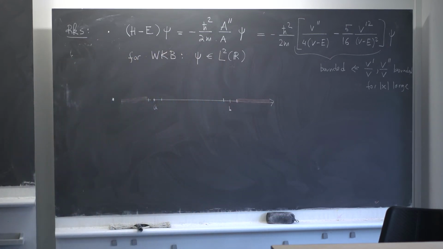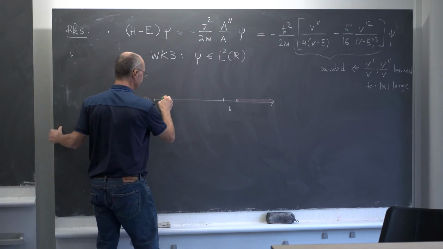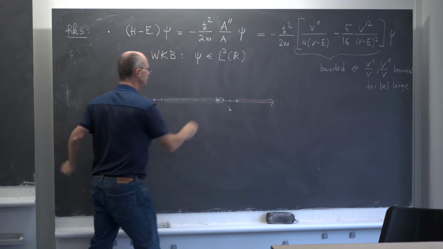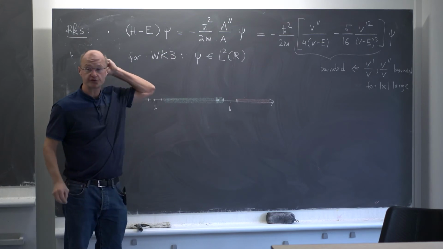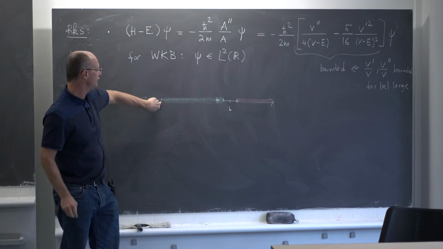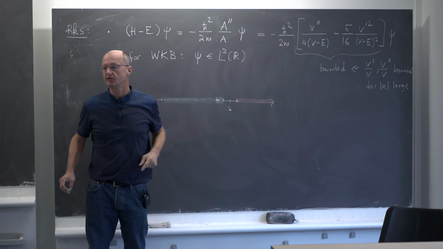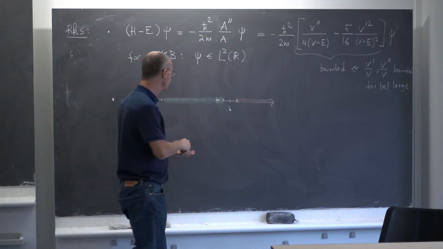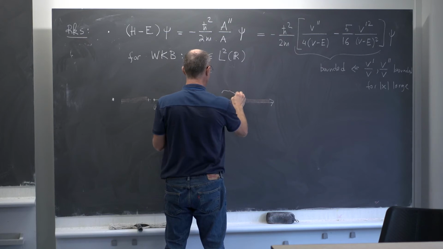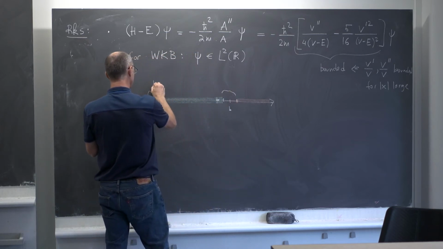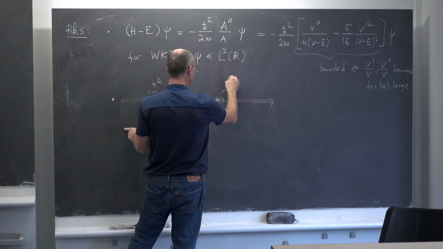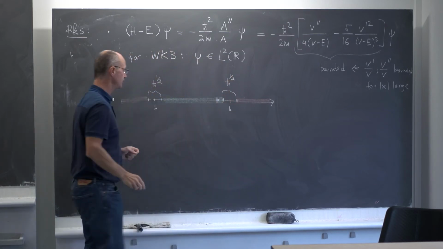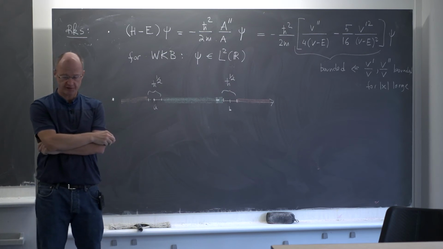There is an allowed region in the middle, and there are 2 Airy regions here. First of all, what's the size of those Airy regions? It turns out that a good choice is something like the square root of h bar.